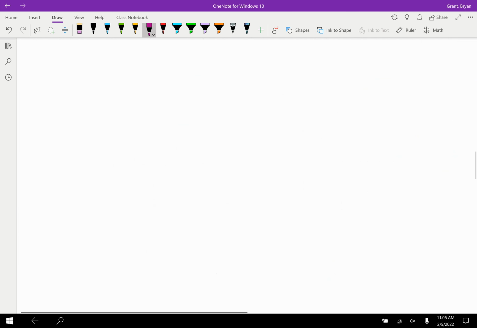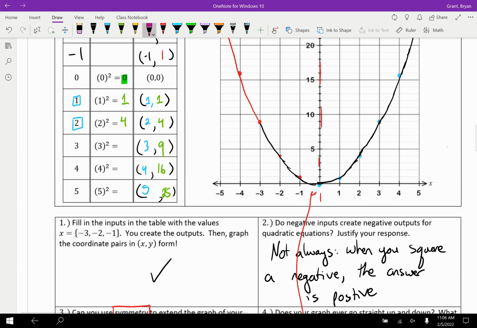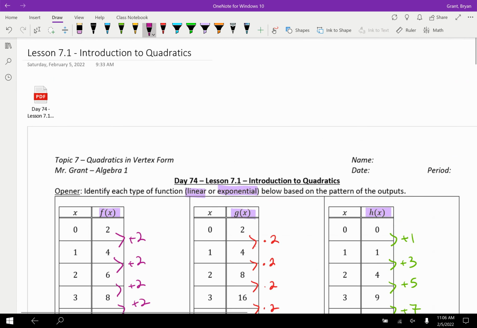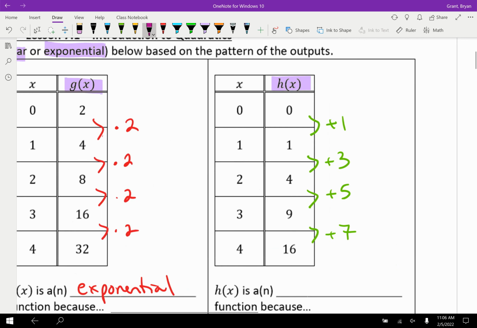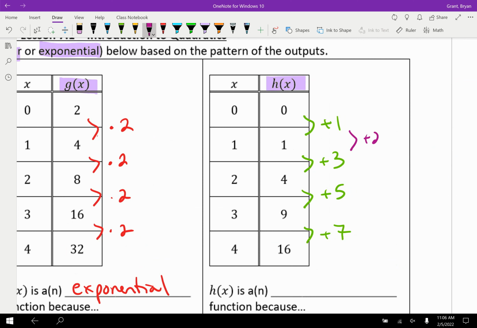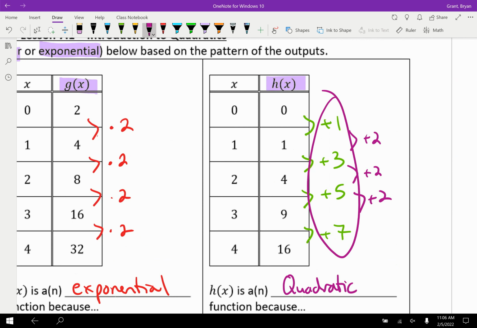All right, so quick reminders. First, quadratic equations are created by a second common difference pattern. If you see a pattern that doesn't have a common difference, but then on the second level does have a common difference, we know that this is called a quadratic function. Now be careful, because just since the numbers are different does not make it quadratic.